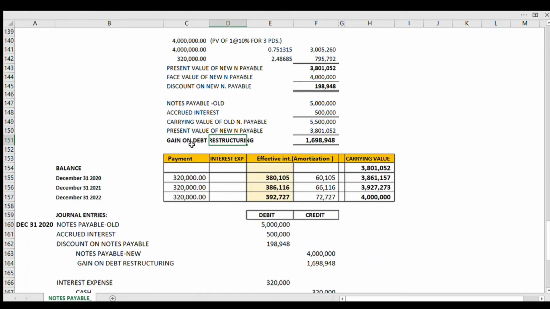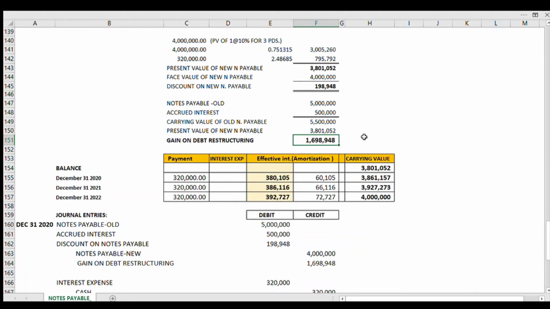So, there goes the gain on the debt restructuring. So, to interpret that, that means to say that the given up old notes is higher than the present value of the new notes payable. That is again on the part of the borrower.